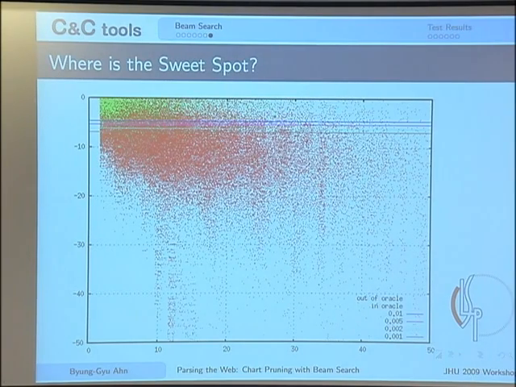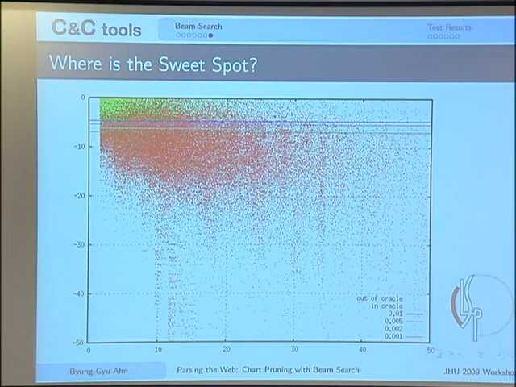So the problem is, where is the sweet spot for test data? Is the sweet spot for Wikipedia data the same as the sweet spot for Wall Street Journal data, and so on. So we can apply various fixed beam widths, and we can set various beam thresholds.